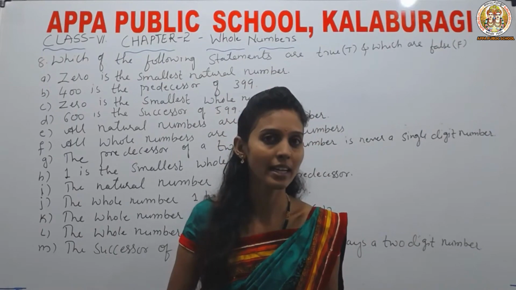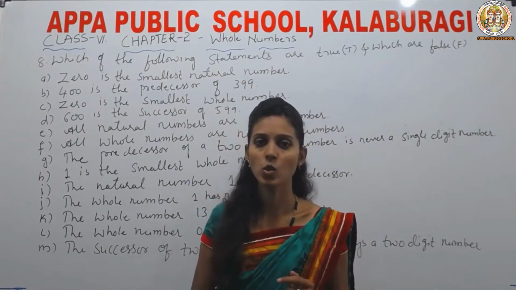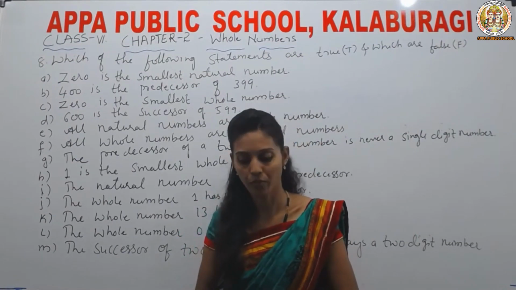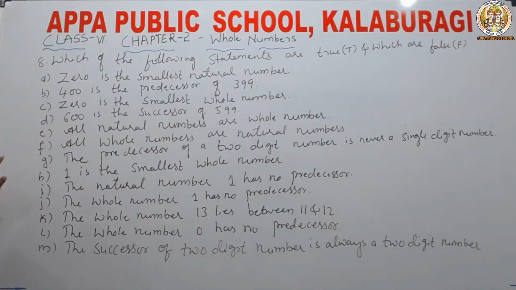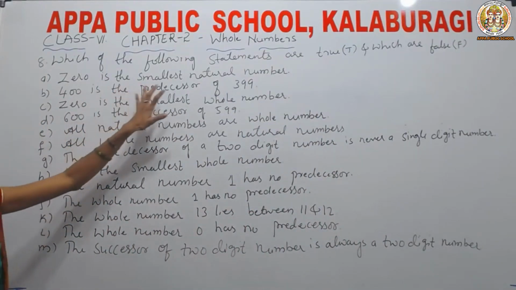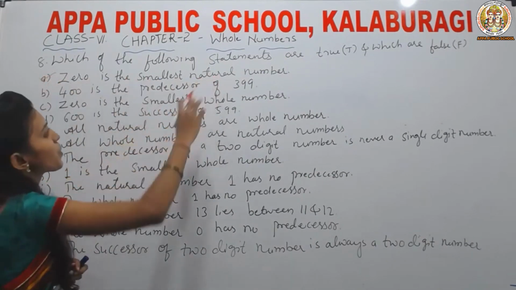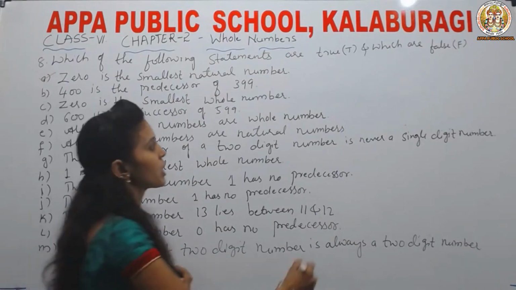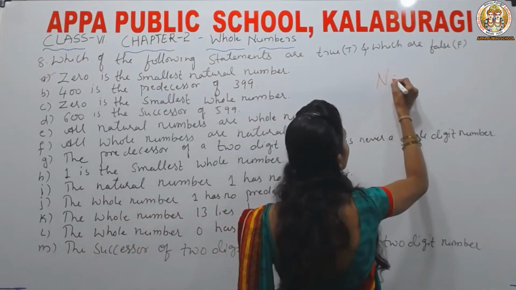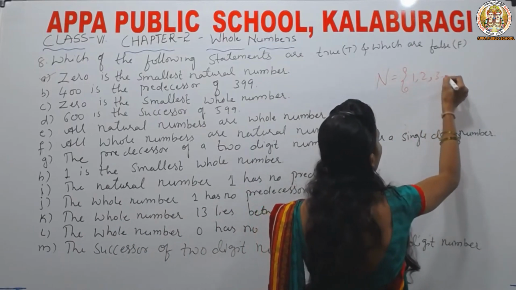The chapter has already been explained in the last classes, right? These statements are based on that. Come on. First one: 0 is the smallest natural number. What is the set of natural numbers? In the set of natural numbers, we start from 1 and go on endlessly.